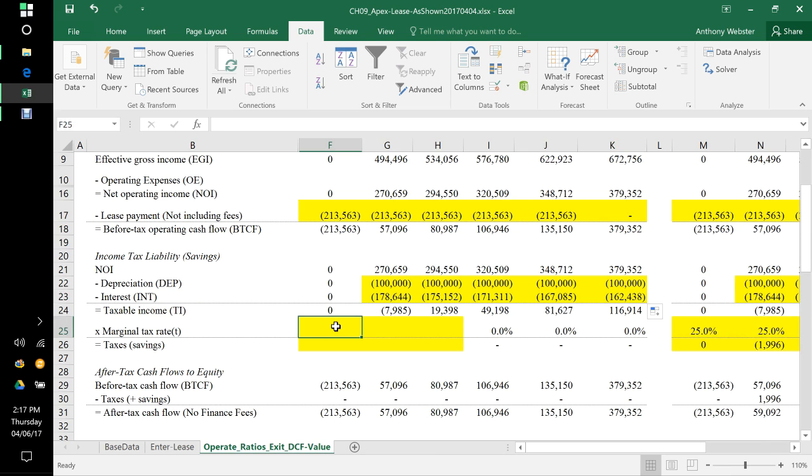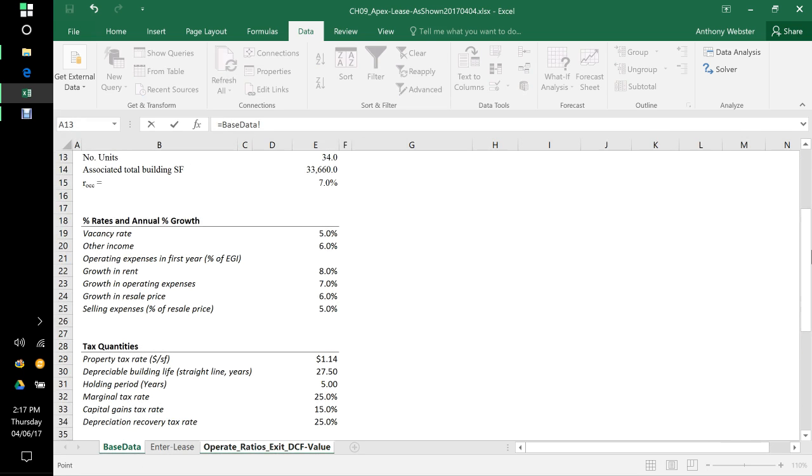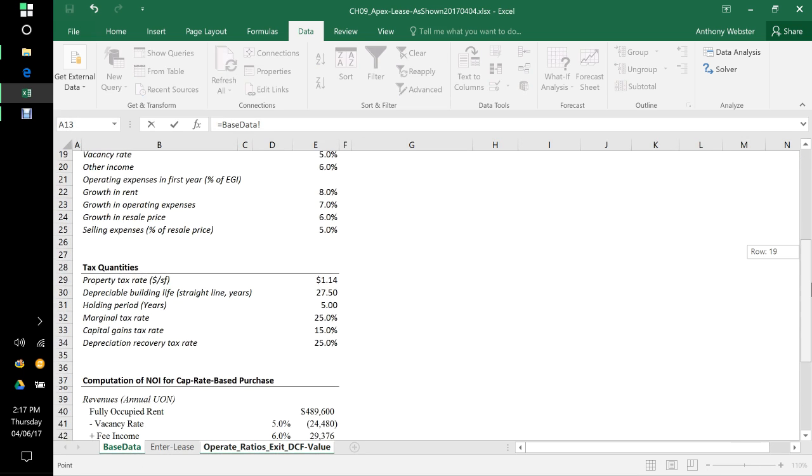For the marginal tax rate in year 0, I think we can say NA because there's no positive or negative taxable income, so we can say NA there too, or a 0. And now I really want a real number for the marginal tax rate, so I'm going to have to go back to base data.